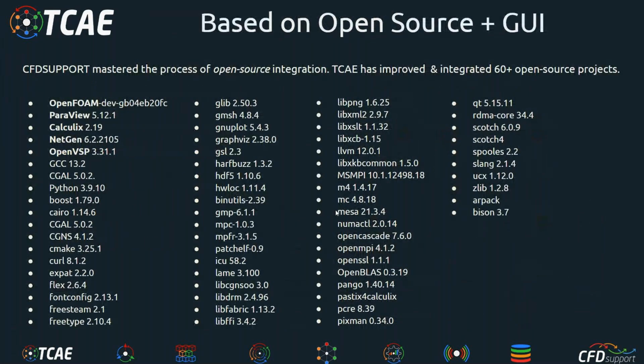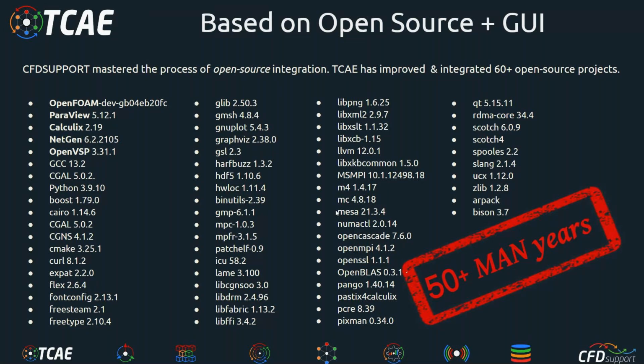It's based on open source. It means that it's built up on open source, which is a huge benefit because here at CFD Support we have mastered the ability to integrate open source pieces and turn them into professional software for the industry. That's definitely a big benefit.